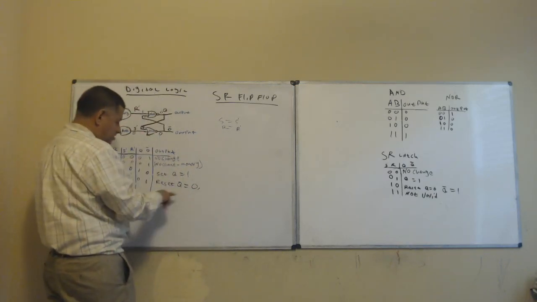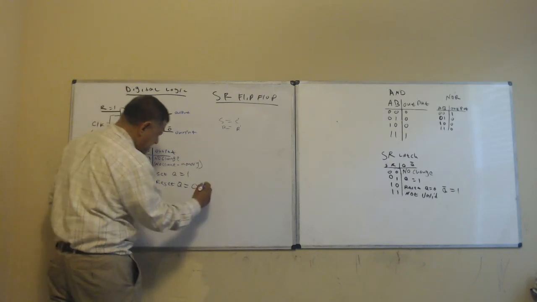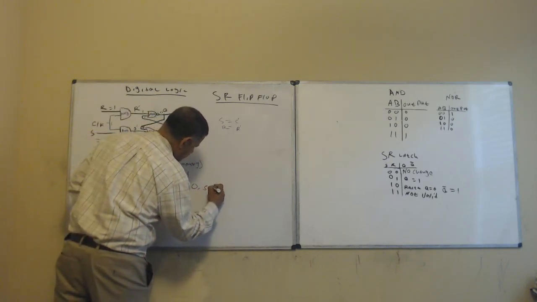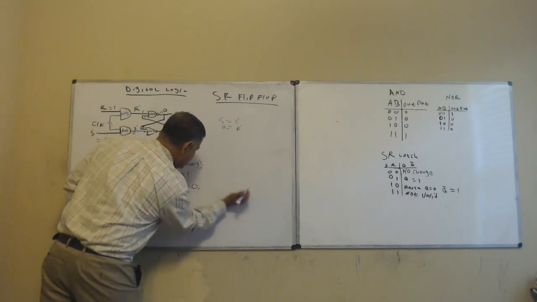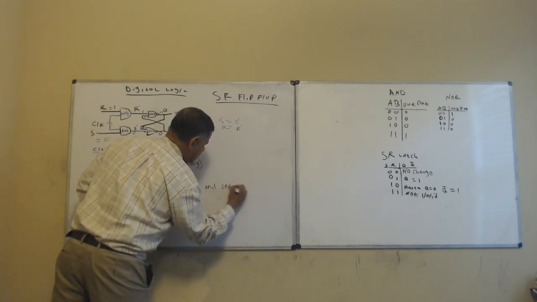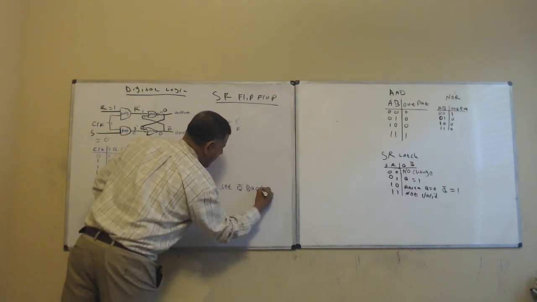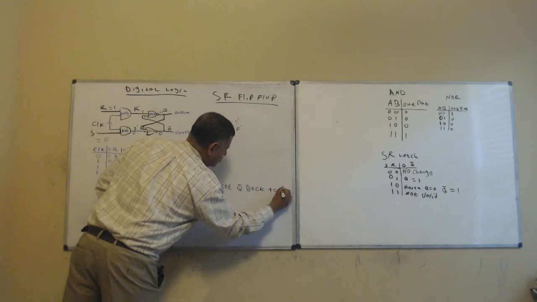The result of that is we reset Q to 0 and set Q naught back to 1.